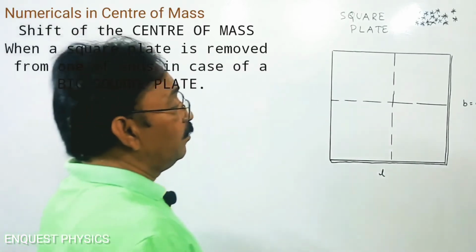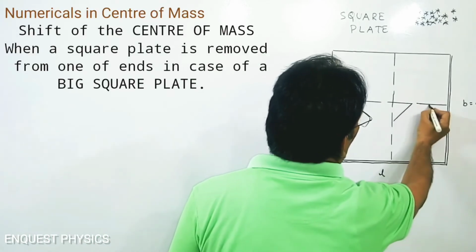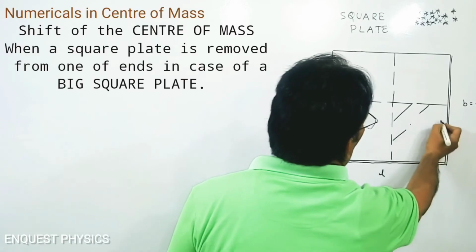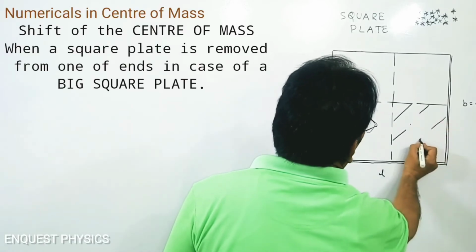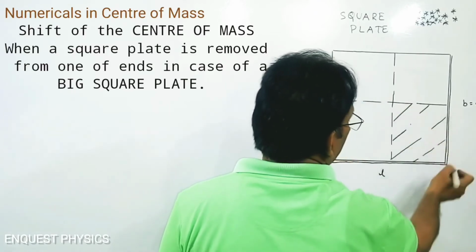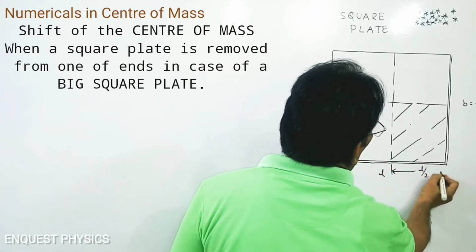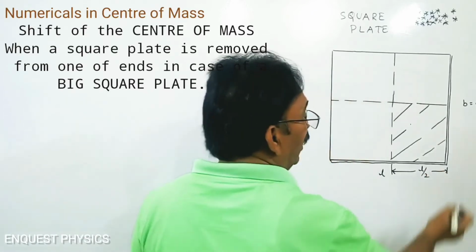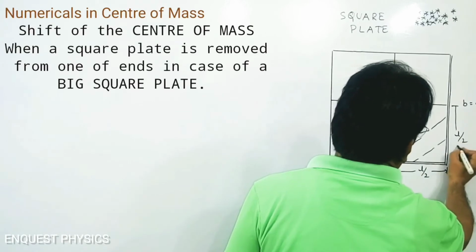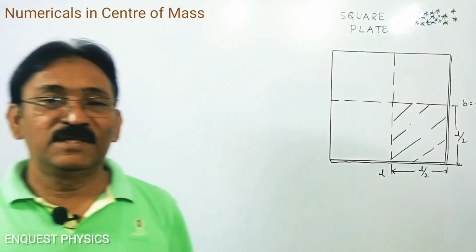He is asking us, if a plate is removed from one of its corners, in this way, this is the removed mass, which has a length of half of the length of the plate and a breadth of half of the length. Then what is the shift in center of mass?